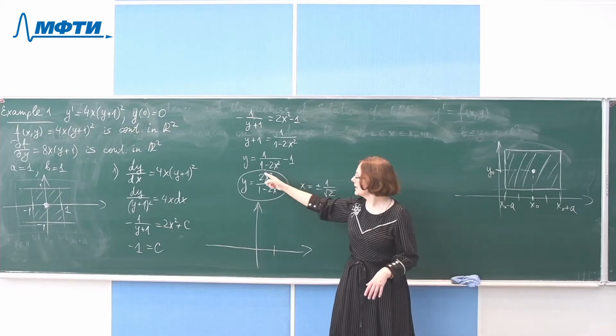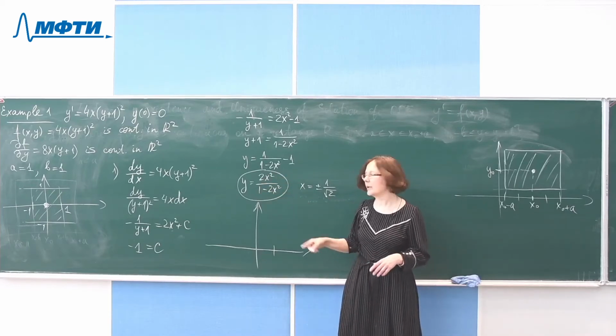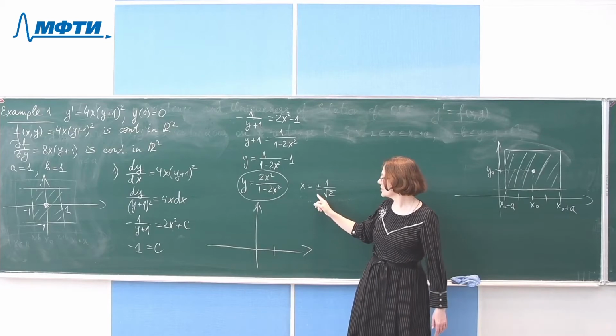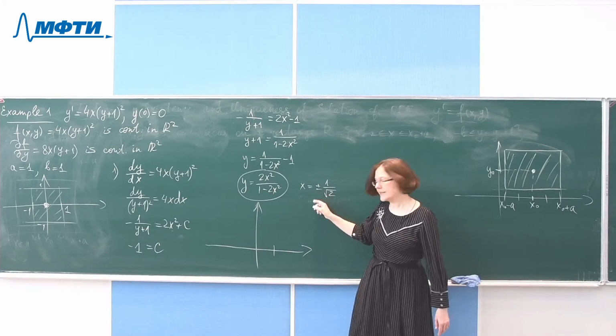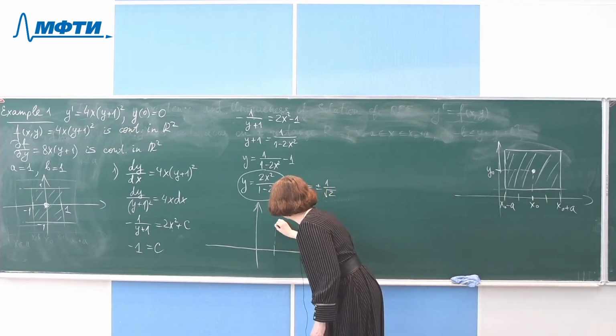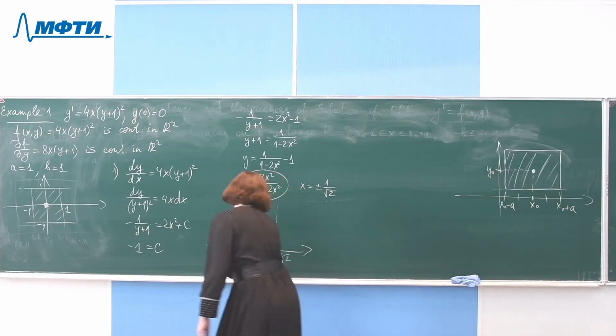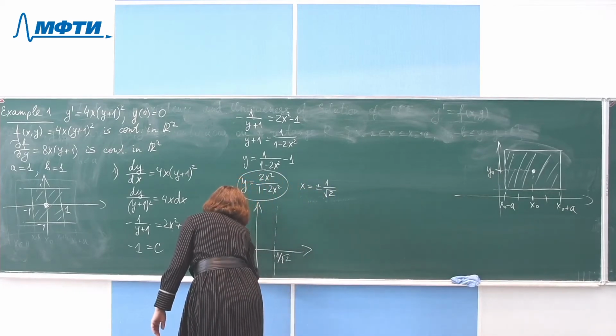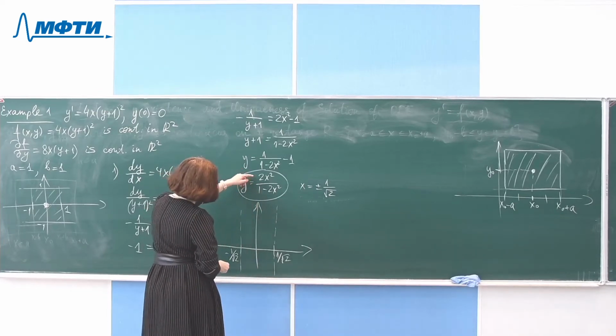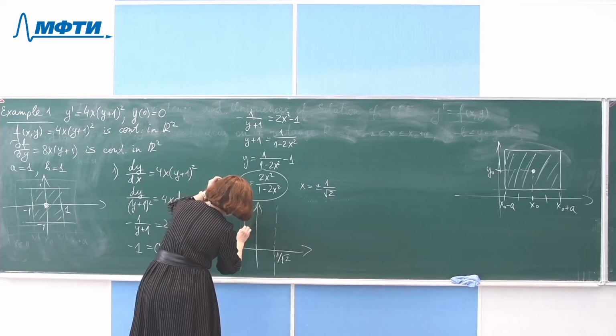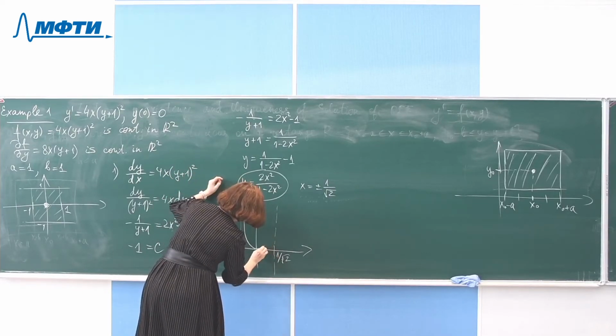So we can see that our function blows up when we go close to these vertical asymptotes, these values of x, 1 over root 2 and minus 1 over root 2. And the graph of this function will look like this curve.